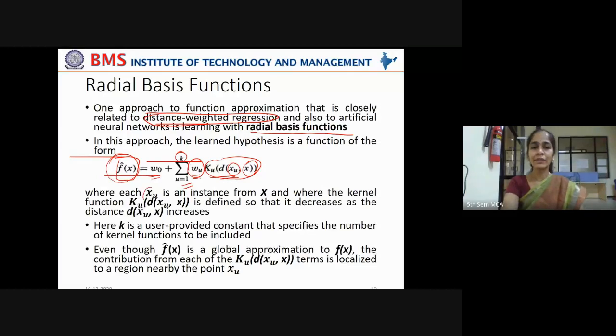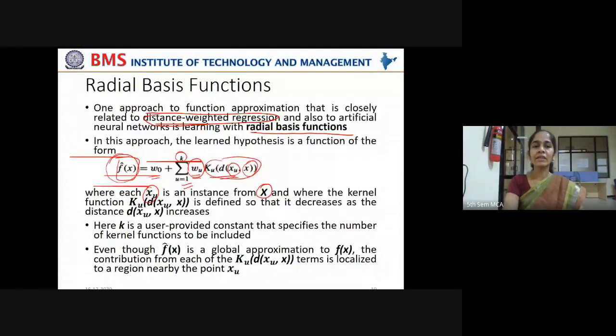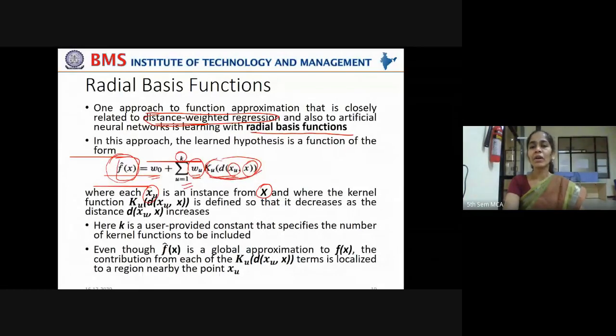Okay, here xq is an instance from the instance set X, and here we call it the kernel function. This K, before we called it the distance function or distance metric, but here we are calling it the kernel function. Whenever you're talking about radial basis functions, any function you use to approximate the final target value, you call it the kernel function.